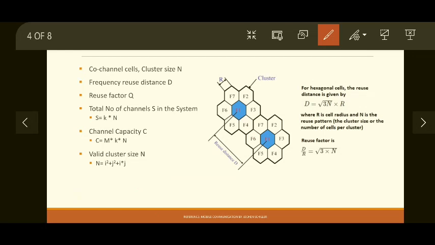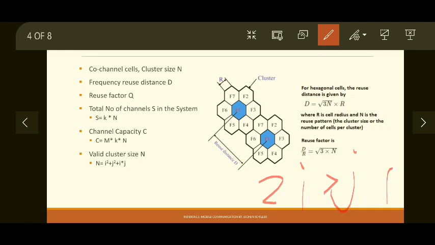How is it formed? Let's say in this case you can see i is greater than j. So how many cells are covered in a straight line direction? You can see 2 cells are covered in a straight line direction. So i is 2, and j is the number of cells covered in a direction after changing the direction.